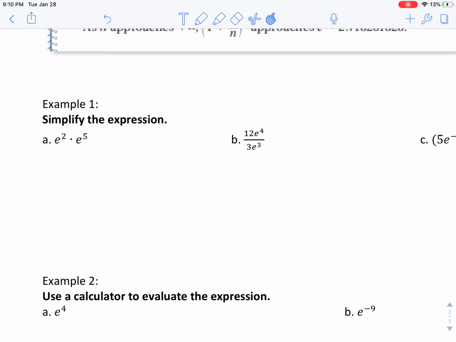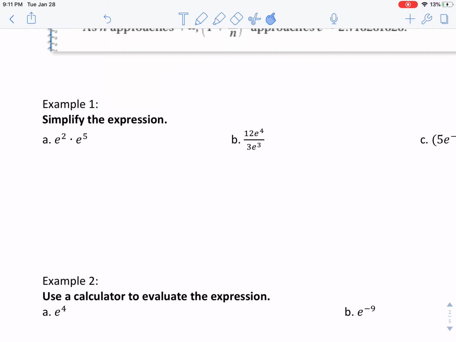You can't have any weird stuff going on, no negative exponents, has to be all positive, nothing with zeros, just a nice cleaned up version, okay? But you don't have to actually give me a full answer. Even though e is a number, and e squared is a value, you don't have to go through and give me that value. That's what example 2 is going to ask us to do.